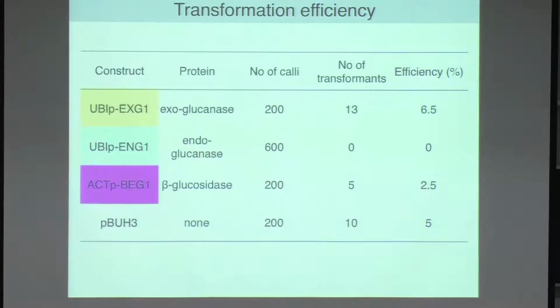First, we checked transformation efficiency. In the case of the EXG1 exoglucanase overexpressing construct, we obtained 13 transformants out of 200 calli used for the transformation. So the efficiency was 6.5%, which is comparable to that of the empty vector transformed plant. This is a control.